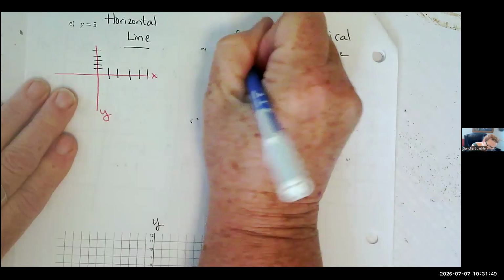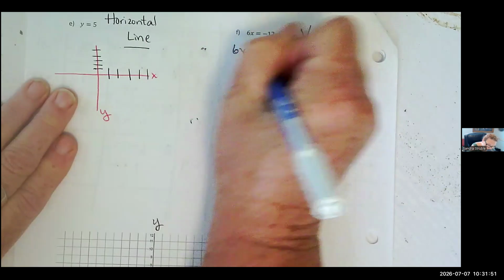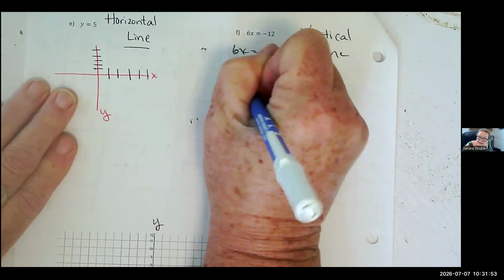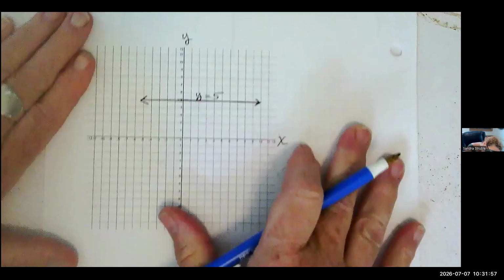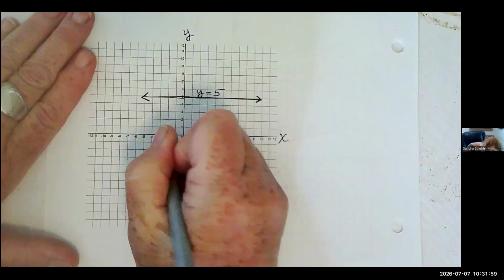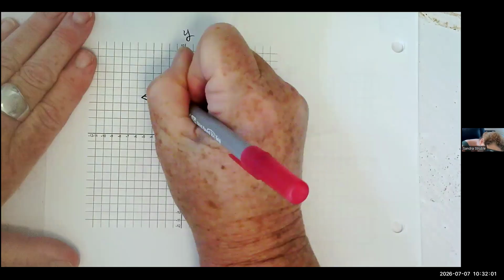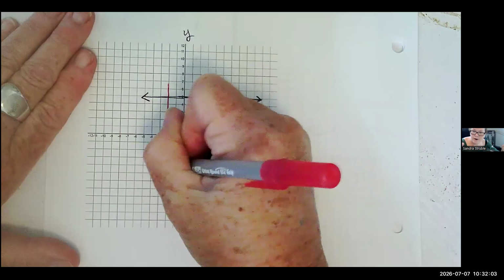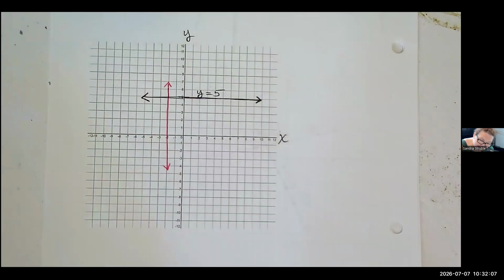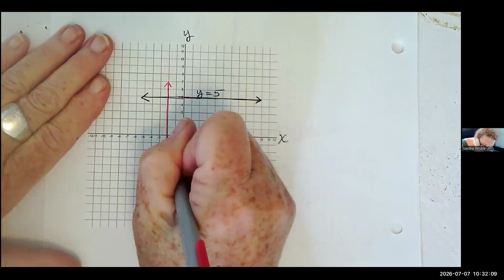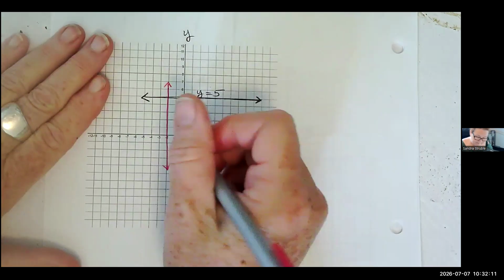Divide both sides by 6. x is equal to negative 2. So I'm going to come where x is negative 2, right here, and draw my vertical line, just straight up and down. There's no single point. It's all points where x is equal to negative 2. And you're going to label it. You can either say 6x is equal to negative 12 or x is equal to negative 2.